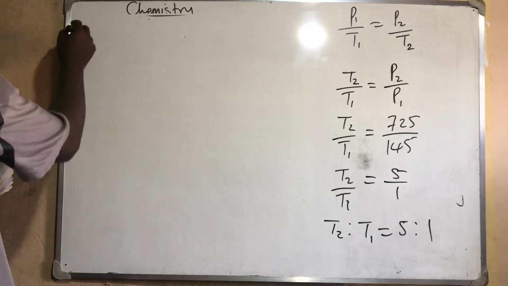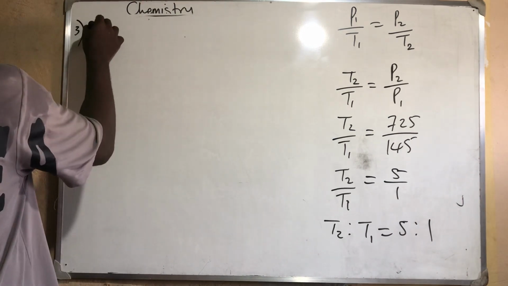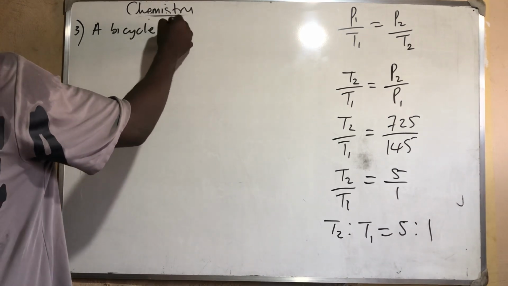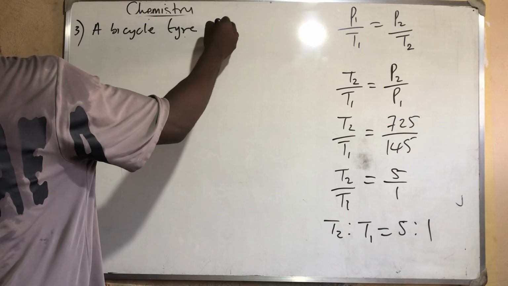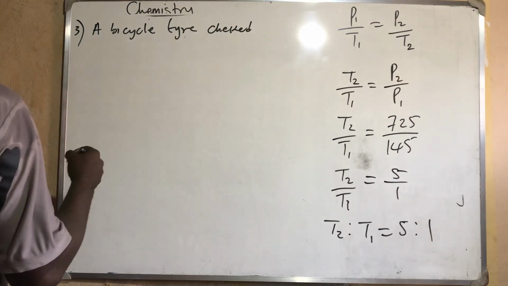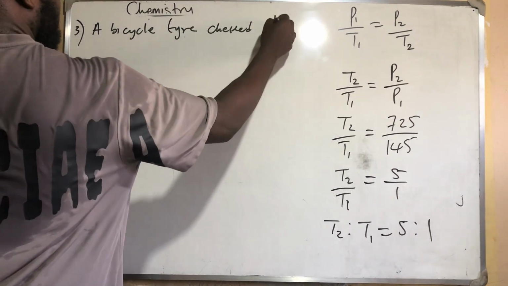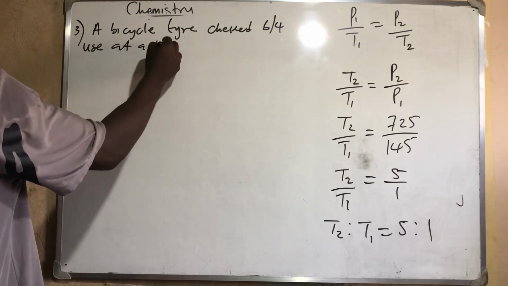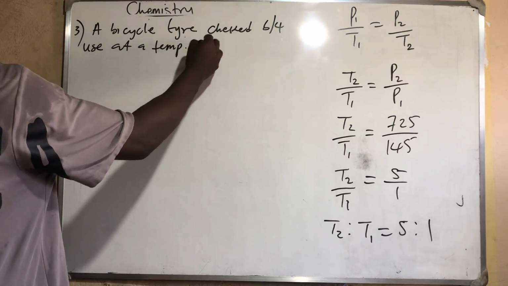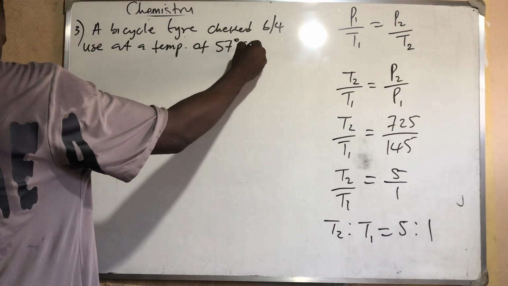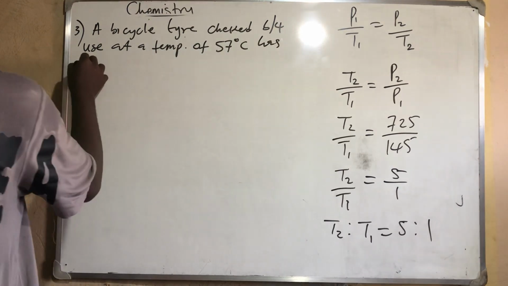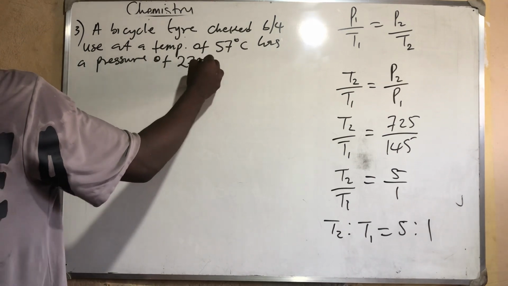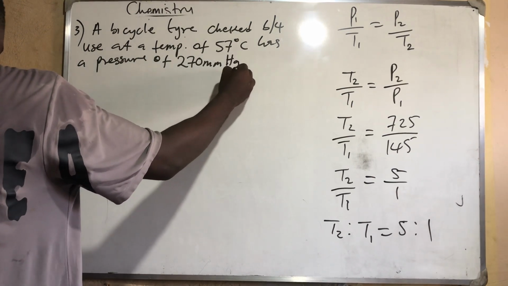Right. Number 3 said a bicycle tire checked before use at a temperature of 57 degrees Celsius has a pressure of 270 millimeter mercury.